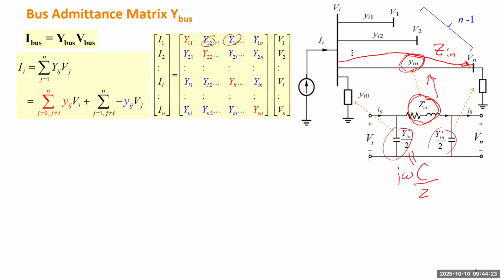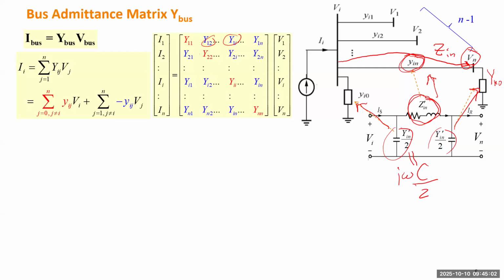This item will go to yi0, and the other one will go to the other bus. If we were discussing bus n, this one will go to yn0, right? So for the pi model, the total admittance is split into two halves, with the first half going to the left and the other half going to the right.